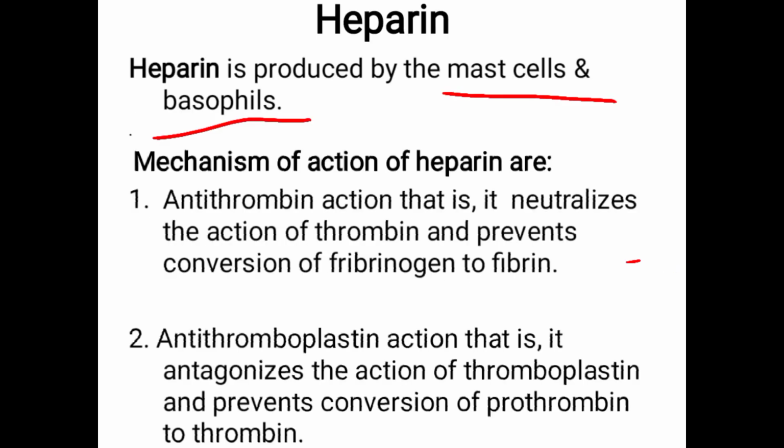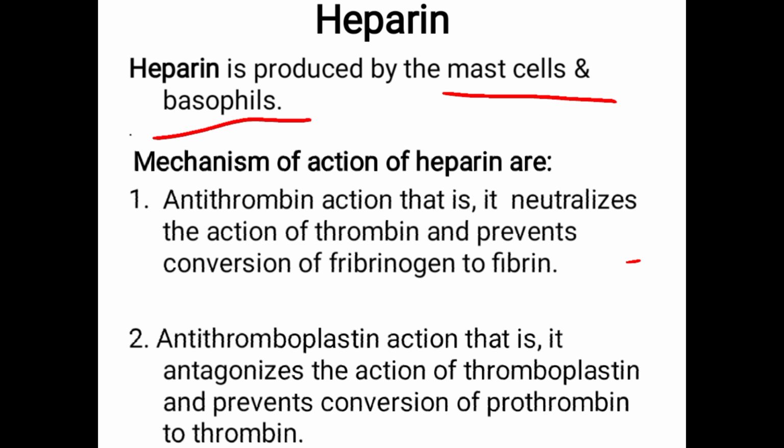So important, okay, heparin is mainly produced by mast cells and basophils. So the presence of basophils produces heparin, which prevents the coagulation, okay, intra-blood coagulation or intravascular coagulation. Okay, so how does it work?